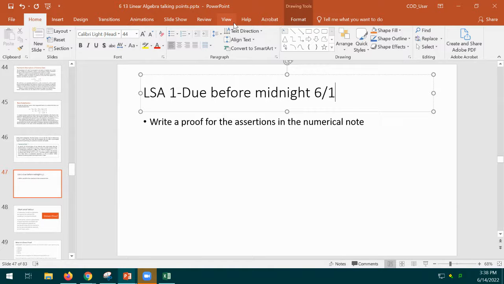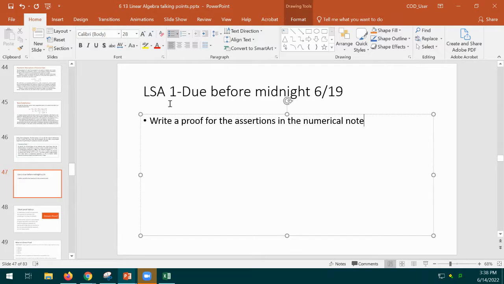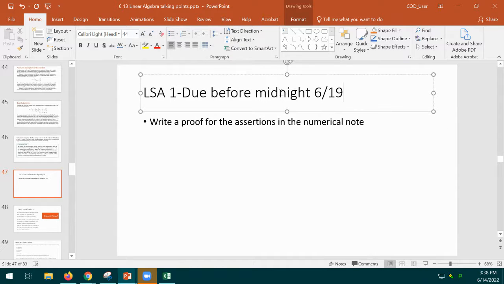So it's 6/19. That might be Juneteenth, I'm not sure. Anyway, this is going to be due at midnight. Now, I don't mean to cause a crisis with you, though. You could turn it in at 11:59, and I'm not going to deduct points if you turn it in on 6/20 at 12:15 or something like that. By the way, I'm not trying to induce anxiety with these LSAs, they're about learning, so I do give you due dates.